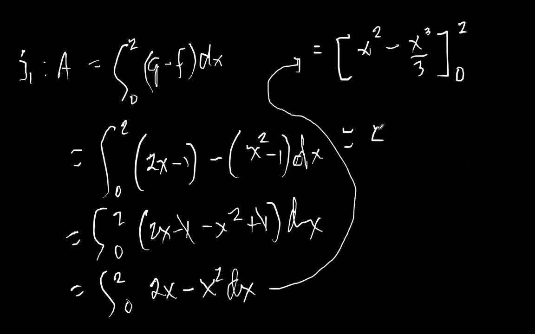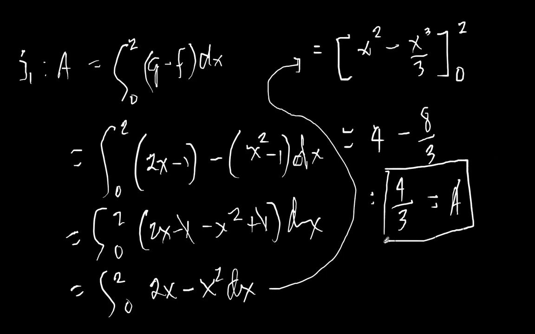So this becomes 4 minus 8 over 3. This is 12 minus 8, that's 4 over 3. So the area is equal to 4 over 3. We have already solved for the area of the given region.